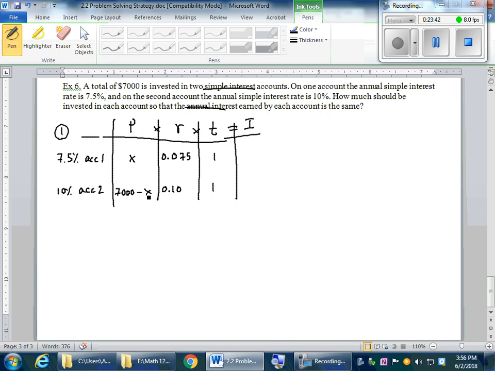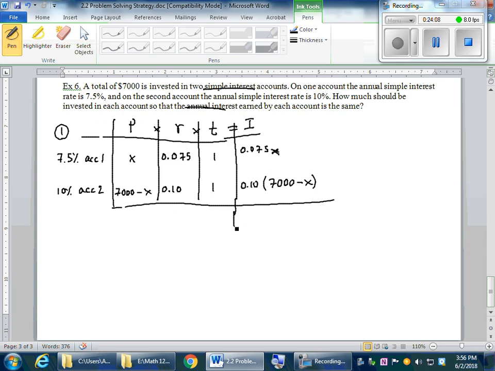So now, if I multiply all of these, 0.075x gives me the interest earned from the first account, and 0.10 times 7,000 minus x gives me the interest earned from the second account. Now, the difference between this problem and the previous problem is this.